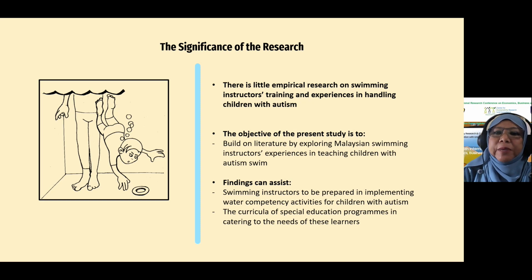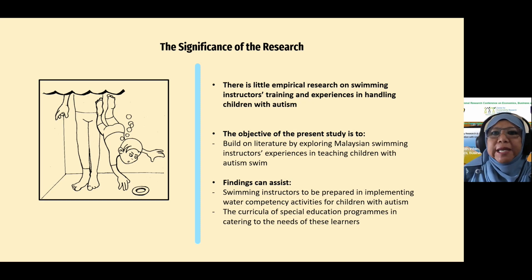It has also been reported that there are not many specialized swimming teachers to help autistic children. And at the same time, they also ask the help of fire brigaders to have water activities with autistic children.